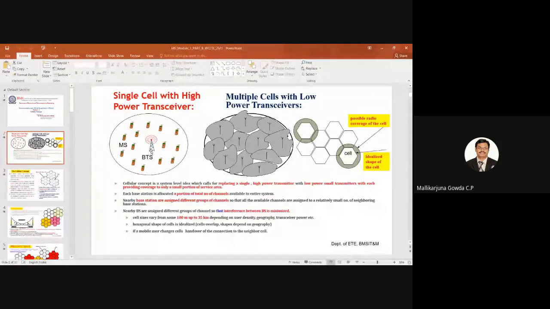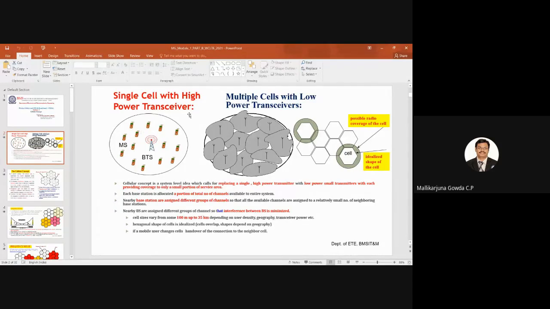With a high power, it can cover, say, 30 kilometers or even 100 kilometers. Let us assume that. And we all know that the spectrum is a very scarce resource, and it is limited also. So it is possible to accommodate only a few number of subscribers or users. I hope you understand the first diagram.